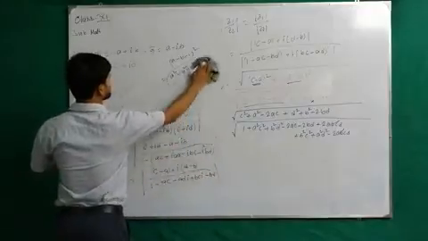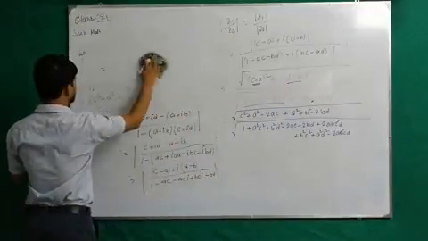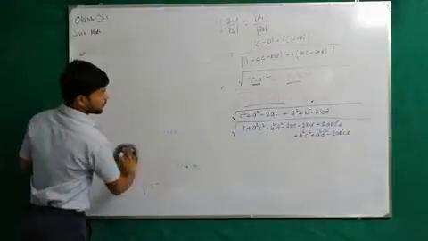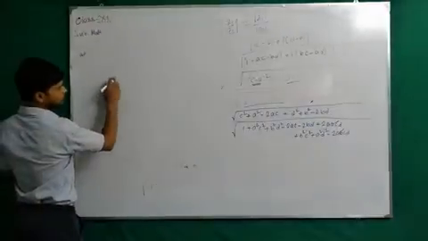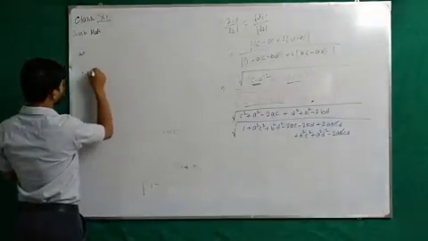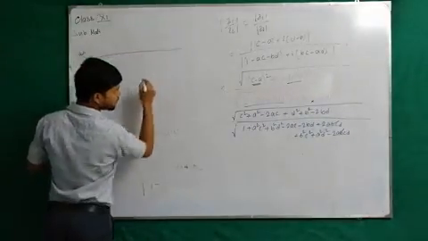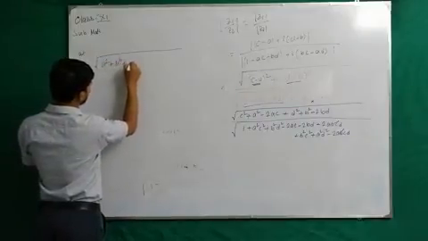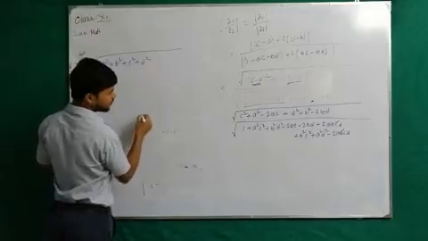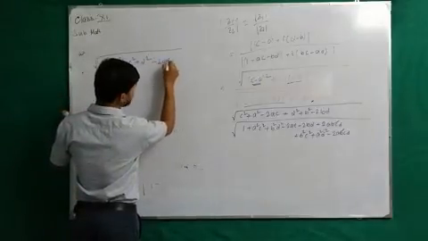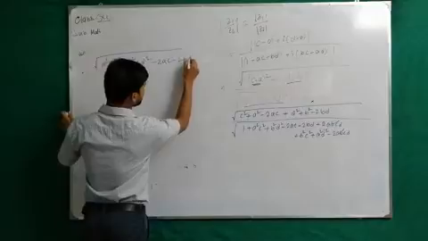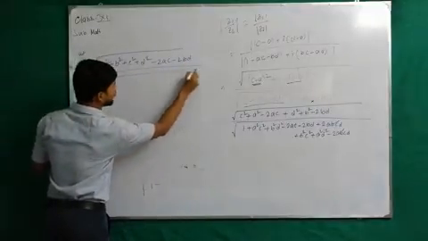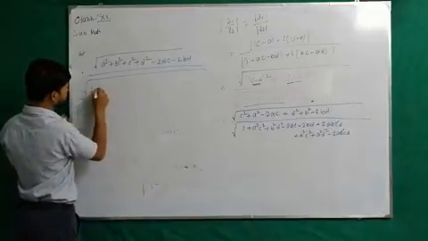That means finally we have root over of A square plus B square plus C square plus D square minus 2AC minus 2BD, divided by root over of 1 plus.